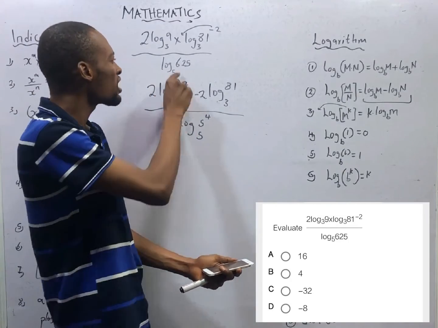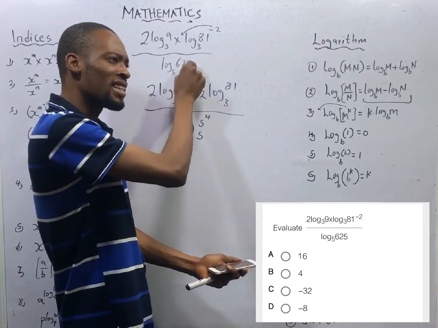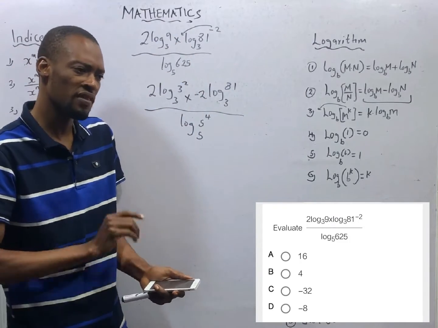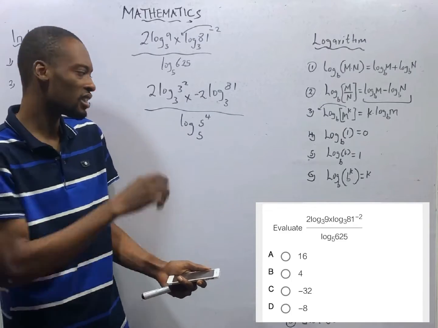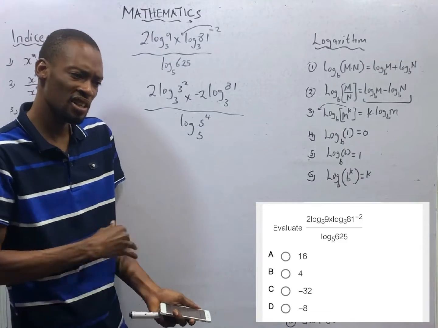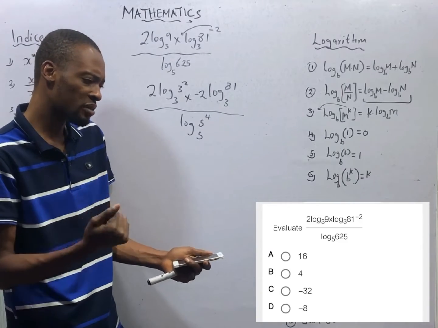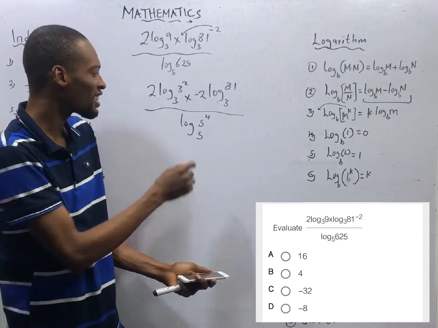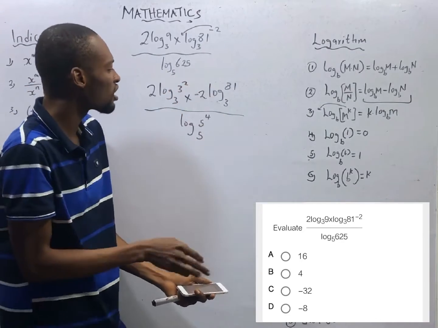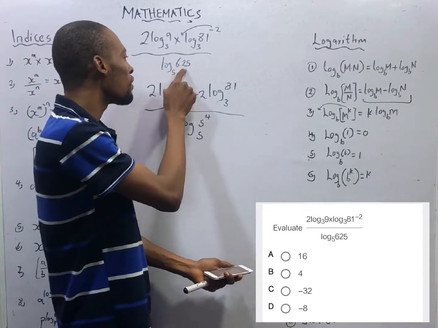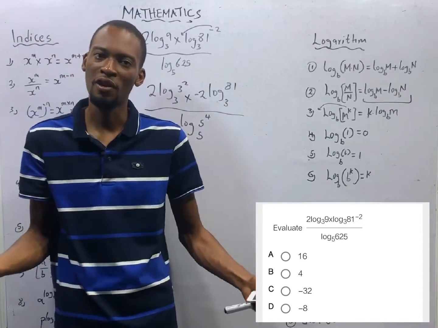We are trying to bring out 5 out of here as a power. On your calculator, punch 5 times 5, 25. No, cancel. Press again, 5 times 5 times 5. That is 3 times. See what you get. Cancel. Press again, 5 times 5 times 5 times 5. So if you keep trying and it's approaching the number here, once you try 4 times, you get 625. Therefore, 625 is 5 raised to the power of 4. That is the trick.